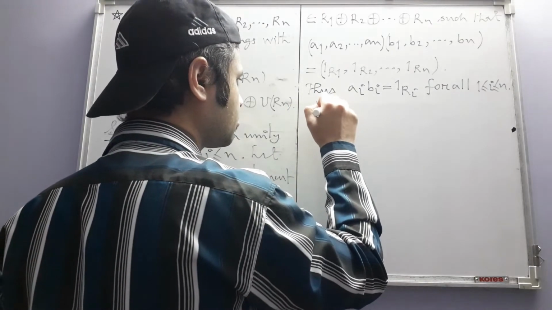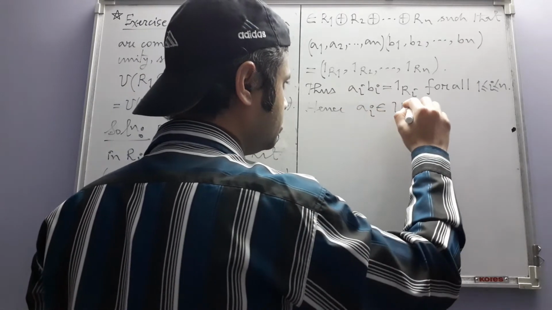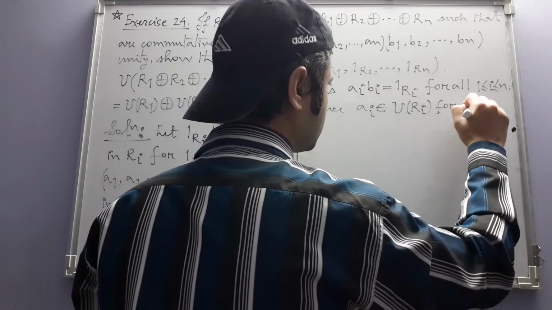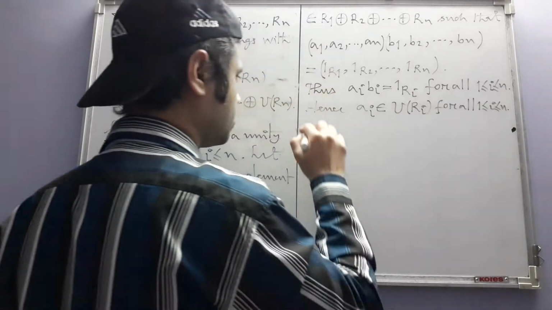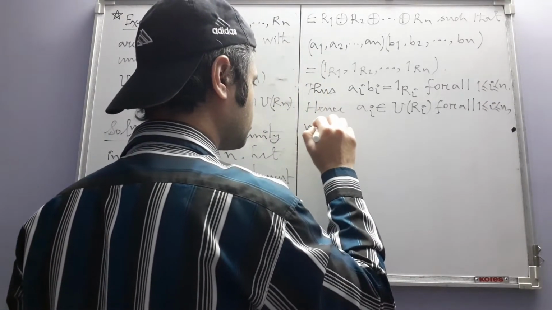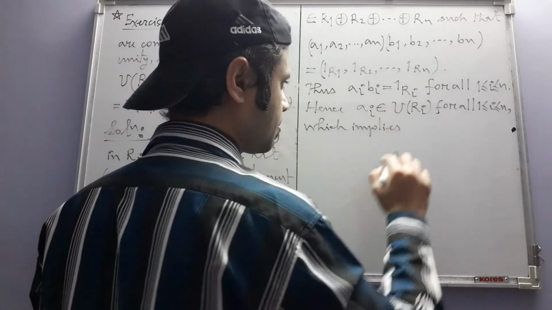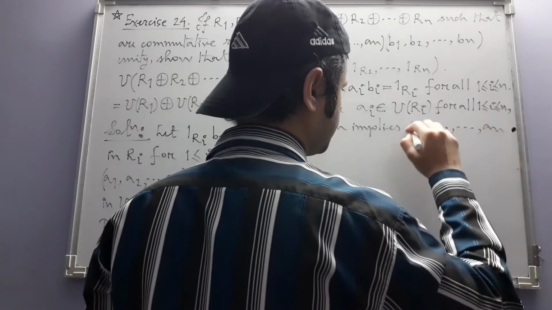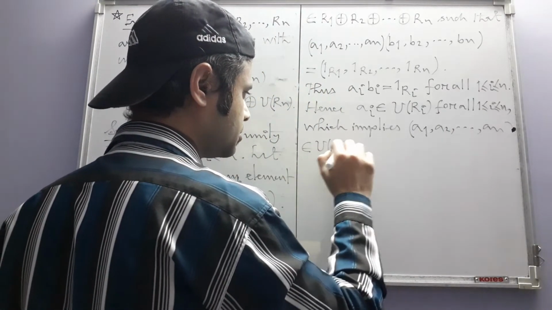Hence, a_i belongs to U(Ri) for all i, which implies that this belongs to the direct sum of these groups.